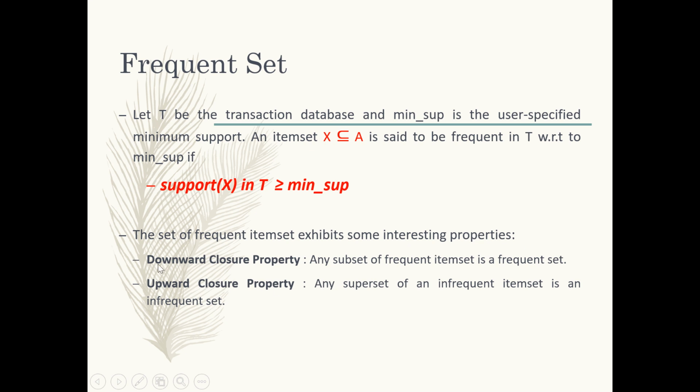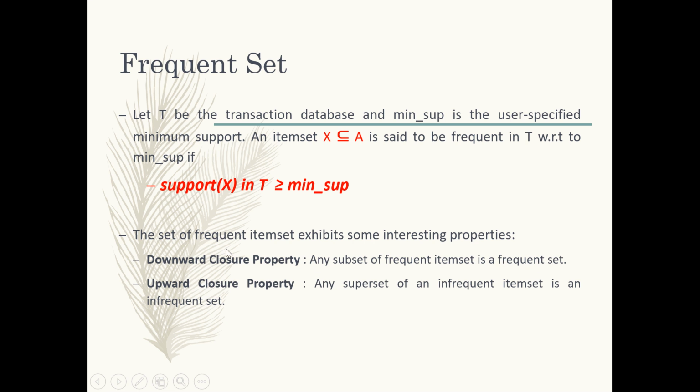Number 1 is the downward closure property. Say X is a k item set, here a 3 item set. If you take any subset out of that 3 item set, say two items, from a frequent item set, it also has to be a frequent set.